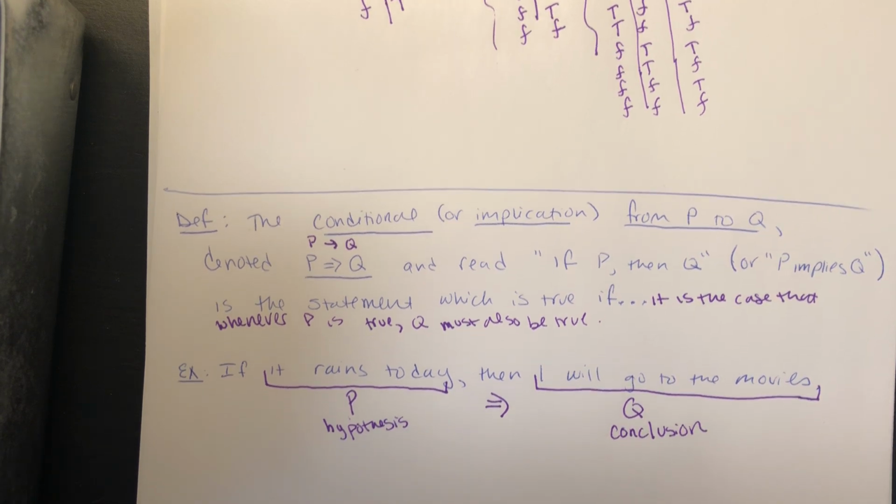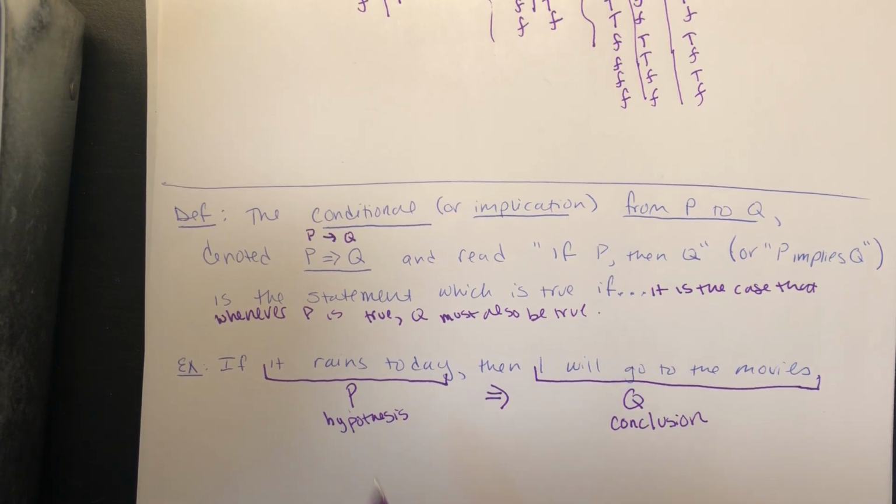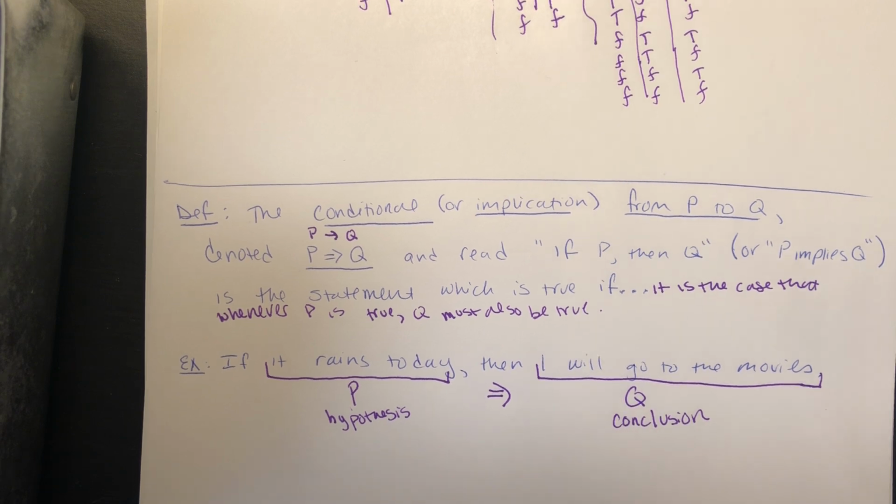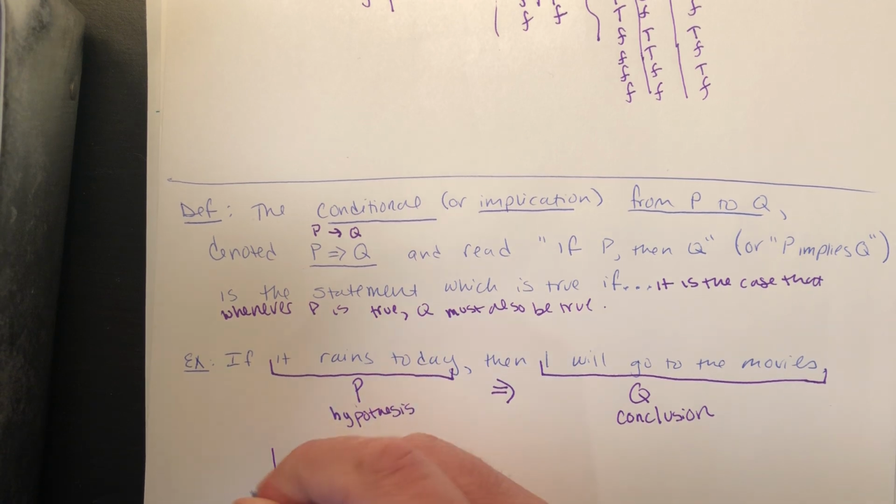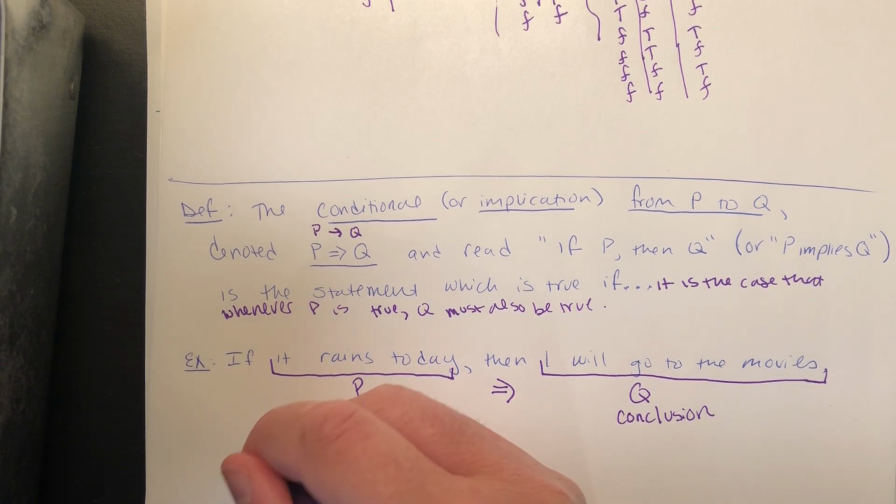Okay, so an implication is true if it's the case that anytime the hypothesis is true, the conclusion is also true. Right, so this would be true as long as if it does rain today, you do actually go to the movies. That's what would make this implication true. Now let's think about what that really means if we were to draw a truth table for this.